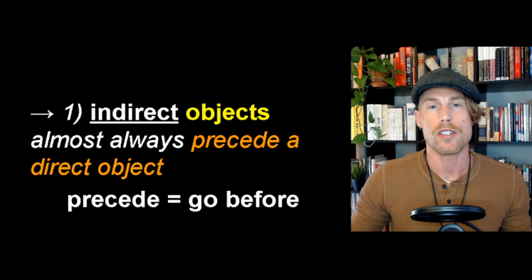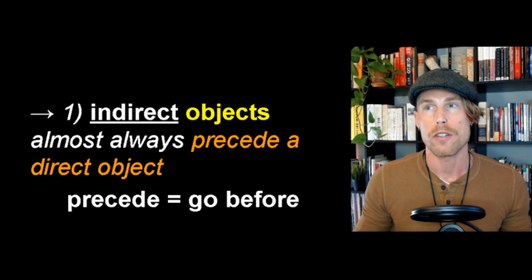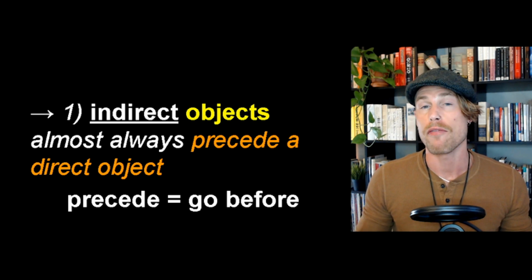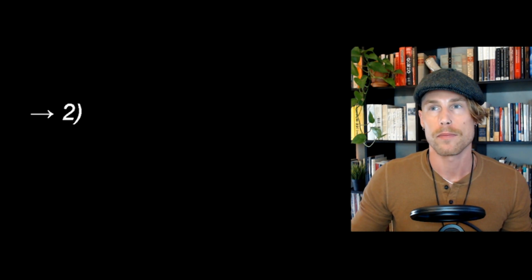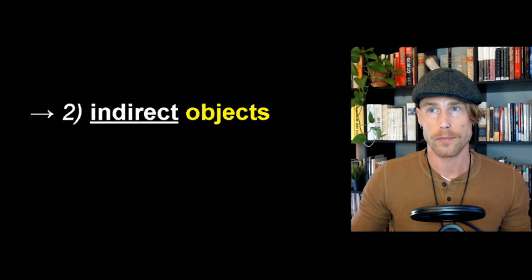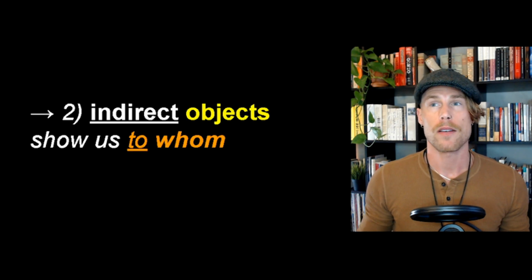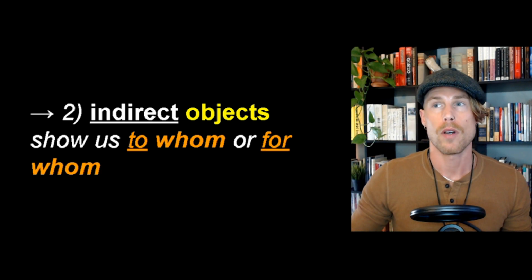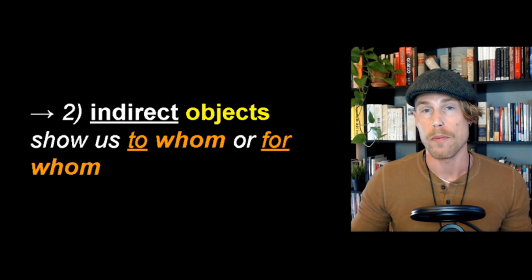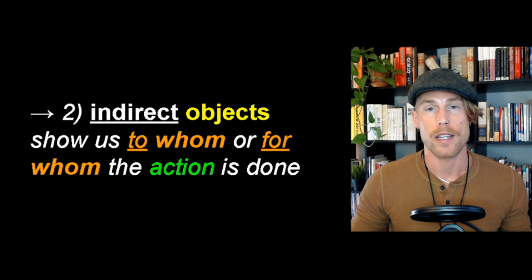Precede means go before. So indirect objects almost always go before a direct object. And number two, indirect objects show us to whom or for whom the action is done.